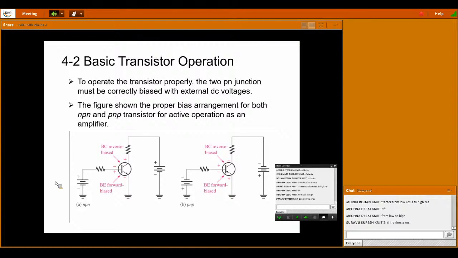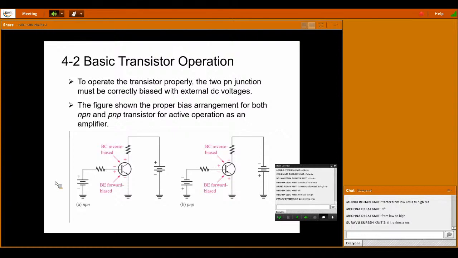Base to emitter junction forward bias and base to collector junction reverse bias is the active region. If the input junction and output junction are both reverse bias, then it is called the cutoff region. If the input and output junctions are both forward bias, then it is known as saturation.